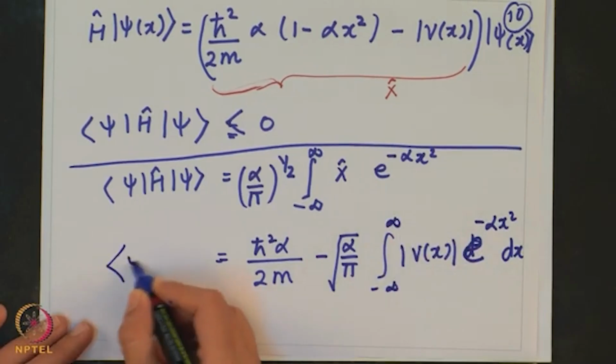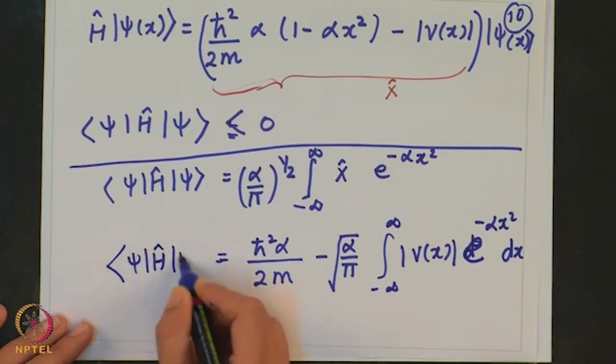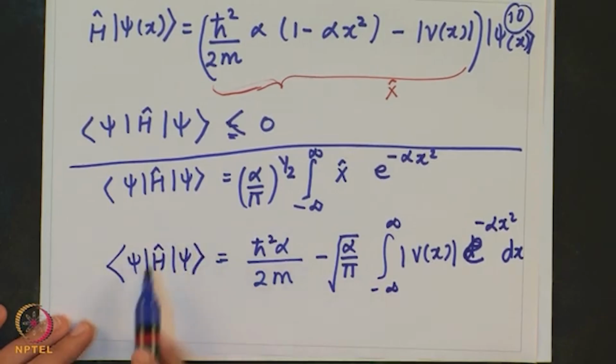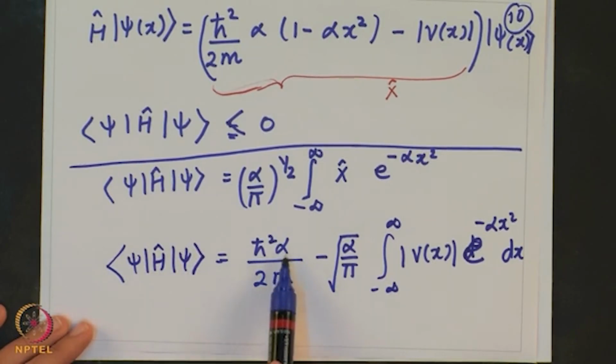So now we can see from here the condition on alpha.